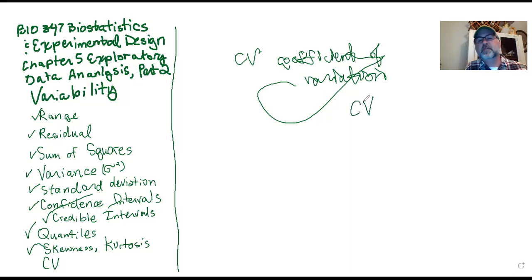CV is equal to the standard deviation over the mean.